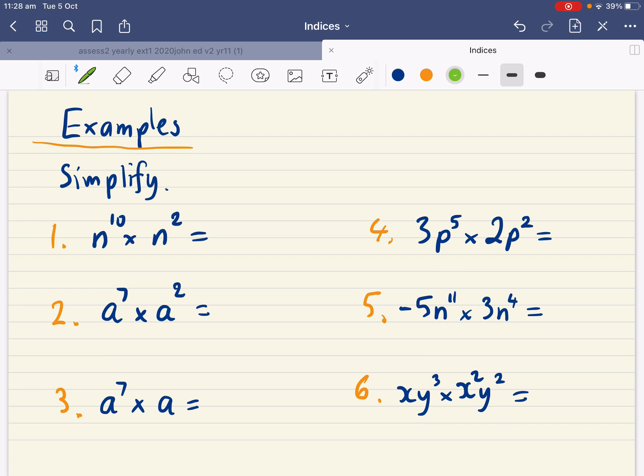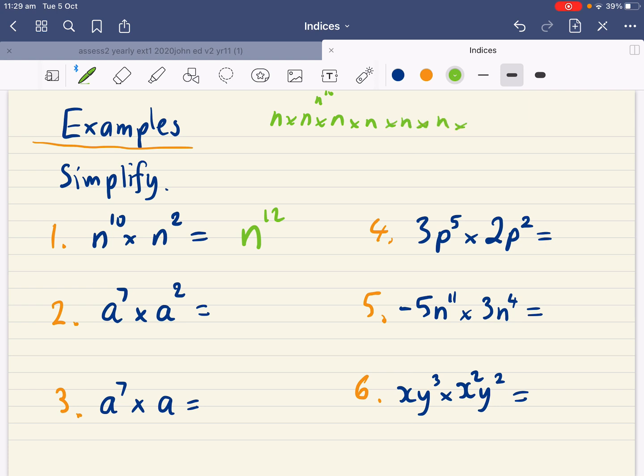All right, so for the first one, you've got n to the power of 10 times n squared. Both the bases are the same, right? It's both n. Notice we don't change it. It doesn't become like a 2n or anything crazy like that. The base stays the same. All you need to do is then just add the powers. So forget writing n times n times n. I'm writing out n to the power of 10, by the way.